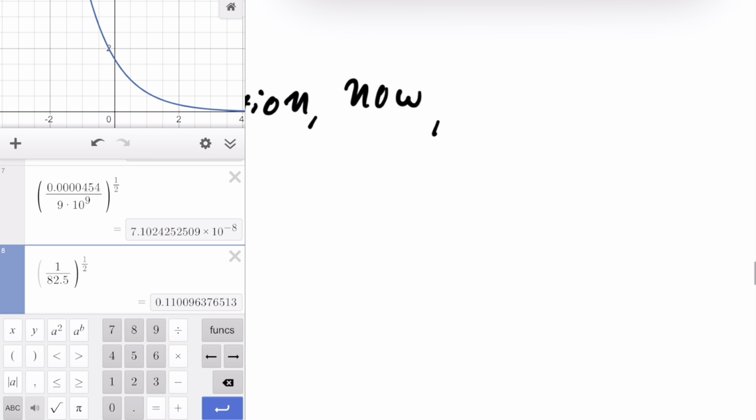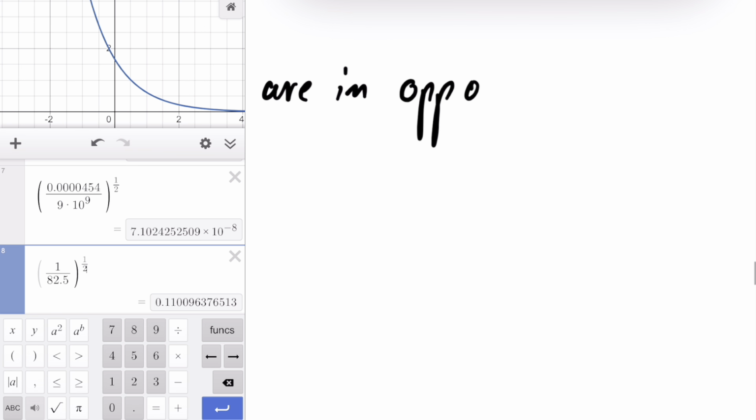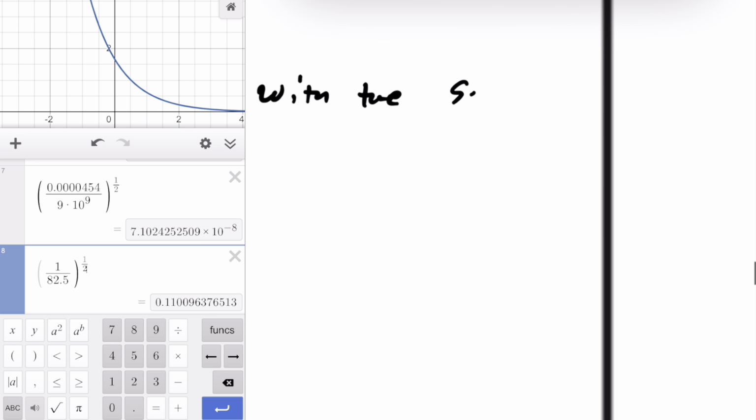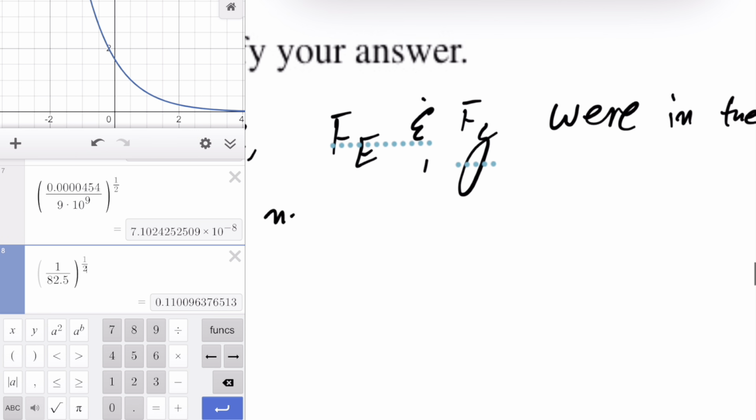Now they are in opposite directions, but with the same magnitude as before.